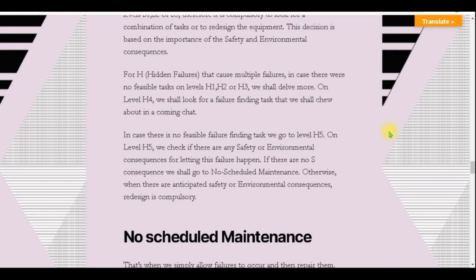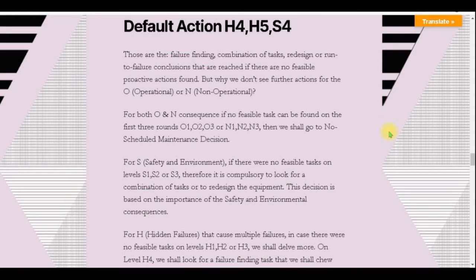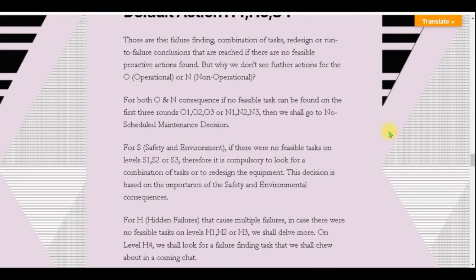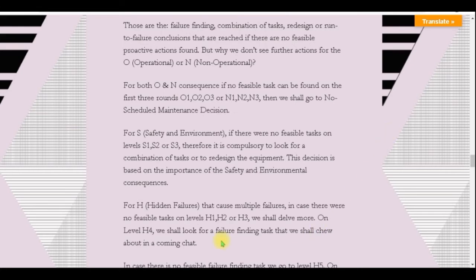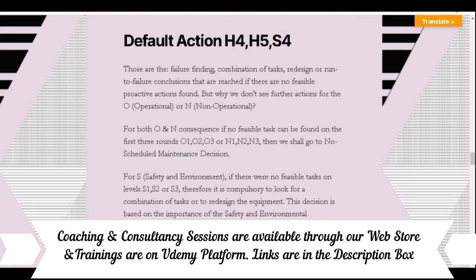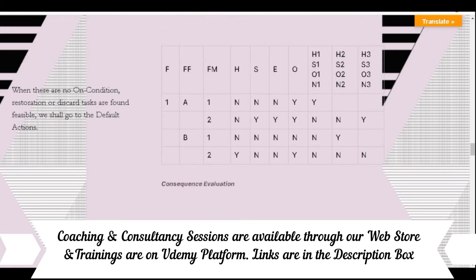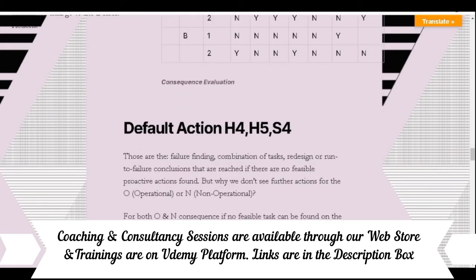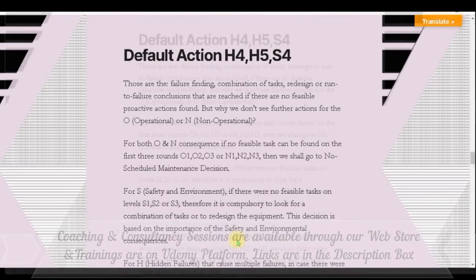For the hidden failures, if I didn't manage to reach any of the levels before, we shall look for a failure finding. That's important. We shall look for a failure finding mechanism, like testing the oil, like testing the protection relays, like testing the valves. That's failure finding. So we need to stop and test the equipment. If this is feasible in cost, then we are going to select the H4 level, which is making failure finding or testing for this equipment.